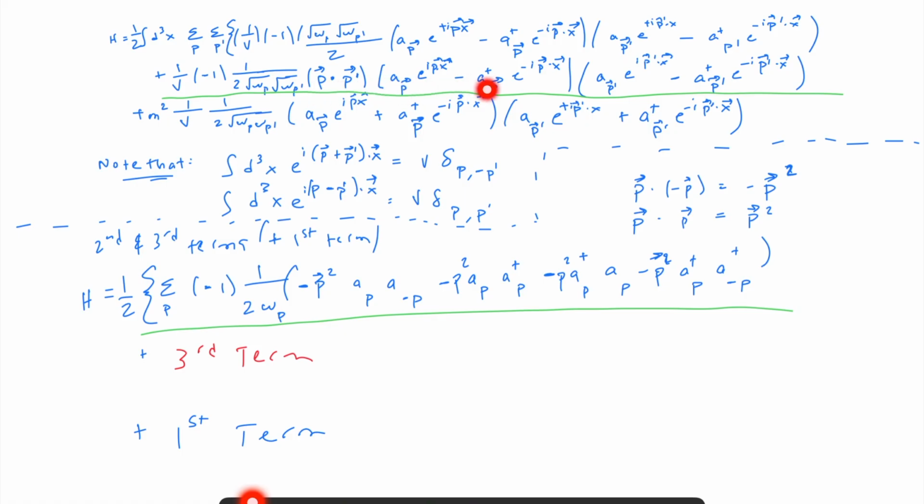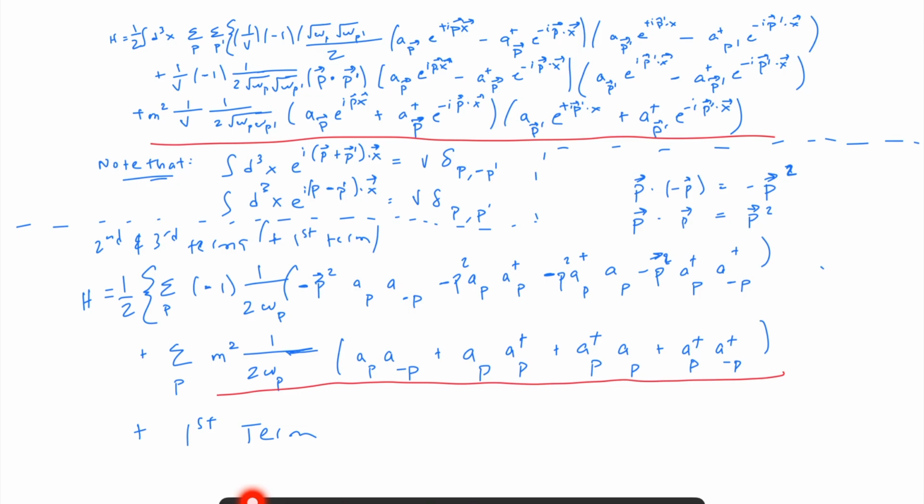So if you do all that carefully, and you should do it, you will get this over here. We did it all on the previous slide for the first term. This is just the same thing for the second term, the one underlined in green. The third term is now right over here, and I have it outlined right over there. If you take your time and do it, you should get this over here.